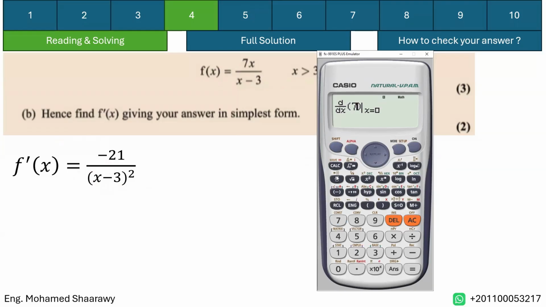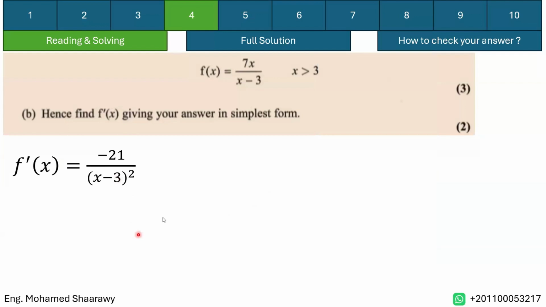So for example, 7x all over x minus 3. Let's find, for example, the gradient at x equal 2. So it was negative 21. So let's check if also this function at 2 gives me negative 21. Actually it is, so I'm right.